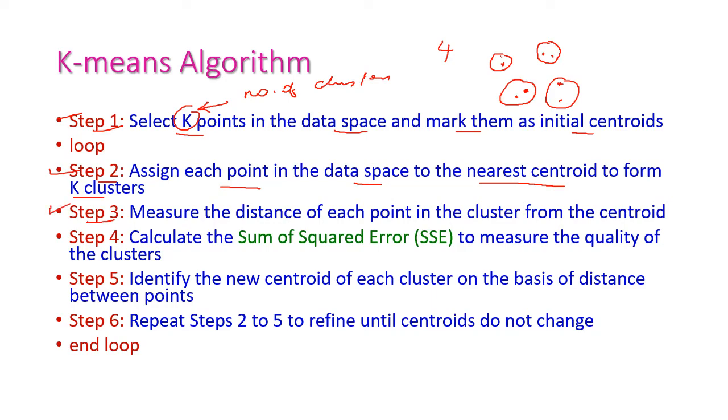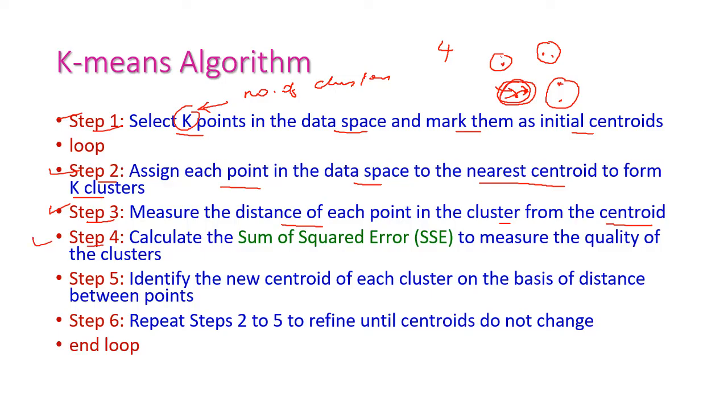Step 3: measure the distance of each data point in the cluster from the centroid. Once we assign a data point to a cluster, we need to compute the centroid again, that is the mean value. The mean value will change, because with every data point added to the cluster, the mean changes.